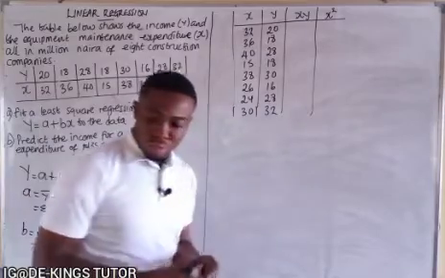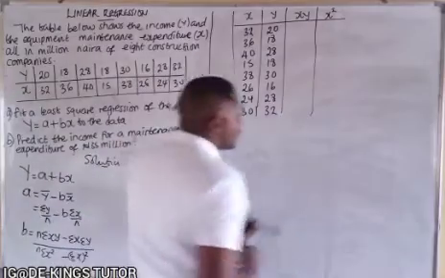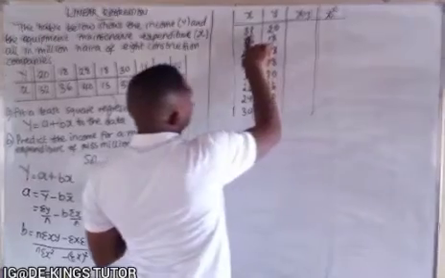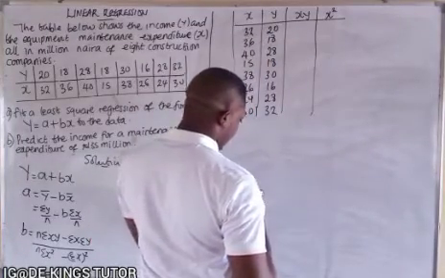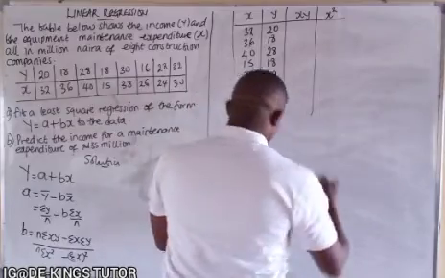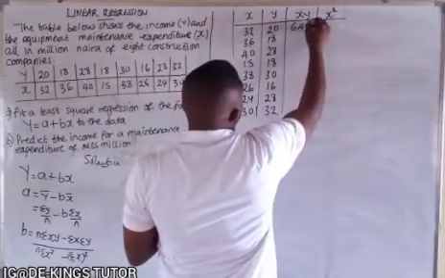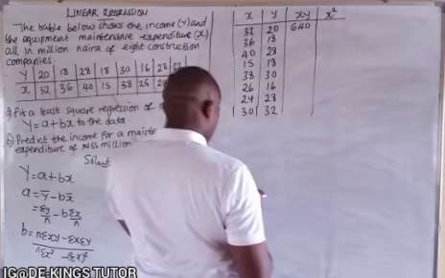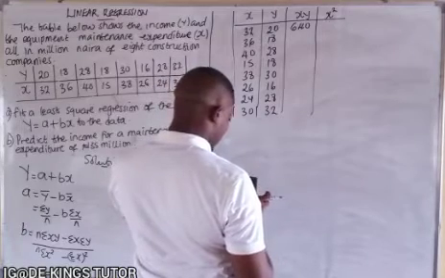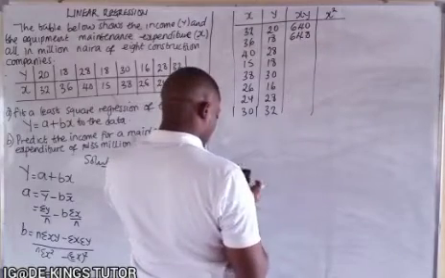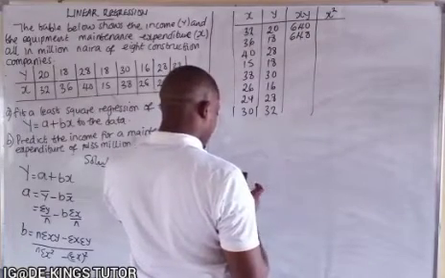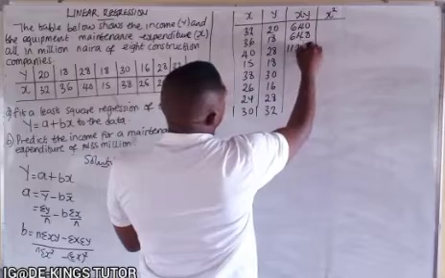Okay, the next column, which is xy, means multiplication of x and y. The first one will be 32 times 20, which gives us 640. The next one, 36 times 18, is 648. The next one, 40 times 28, 1120.